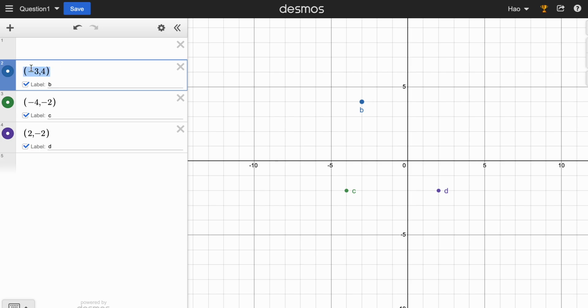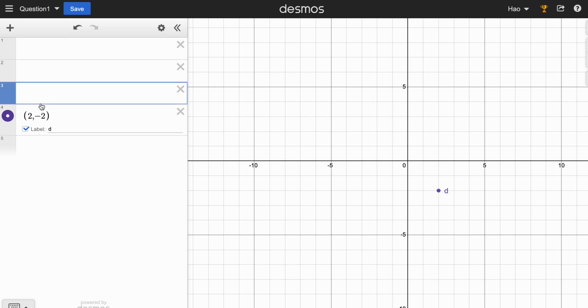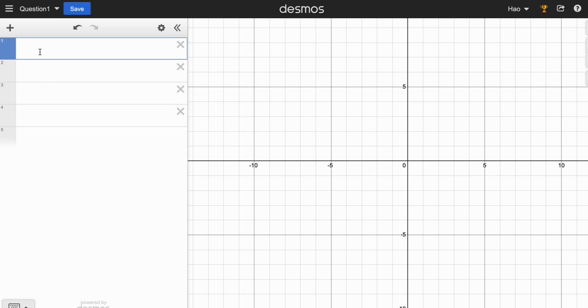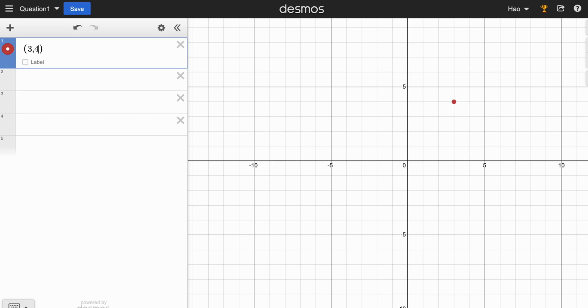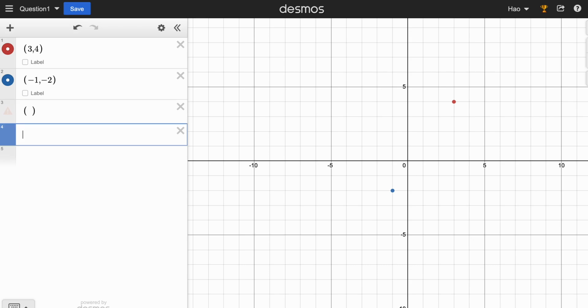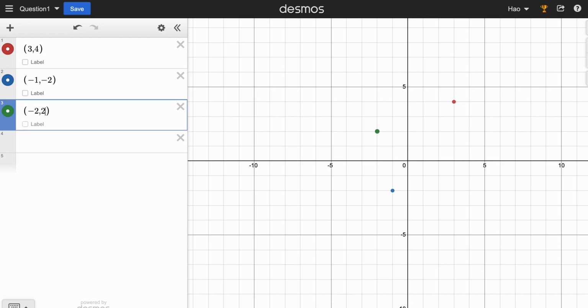So you may say that I can just input all the coordinates here, like what we want is 3, 4 here, and -2, -1, and another point is -2, 2. Yeah, I can just put all these points here and it's done.